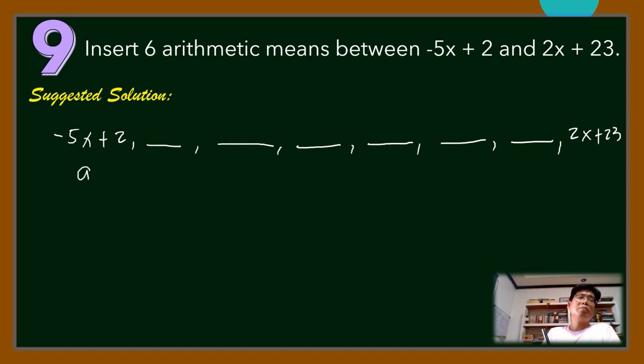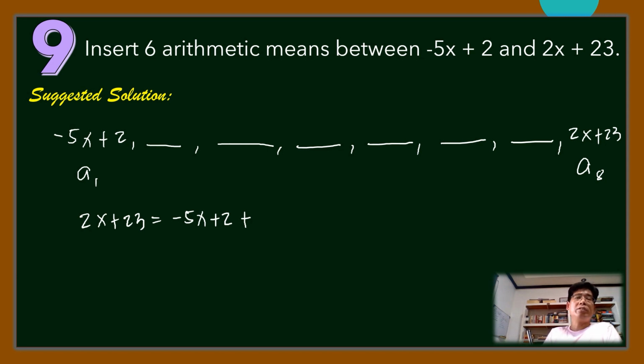These terms form an arithmetic sequence. If that's the case, negative 5x plus 2 is the first term, and 2x plus 23 is the 8th term. Using the formula for the nth term of an arithmetic sequence, we have a sub 8 or 2x plus 23 is equal to a sub 1, which is negative 5x plus 2, plus n minus 1.